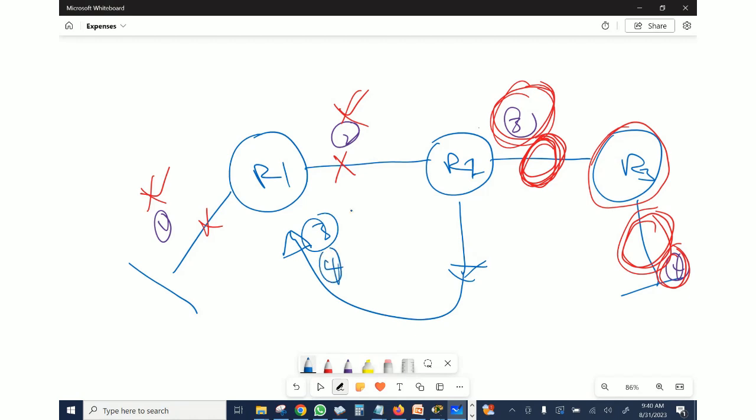So now, router 1 has a record of network 3 and 4, because R2 has told it about network 3 and network 4.